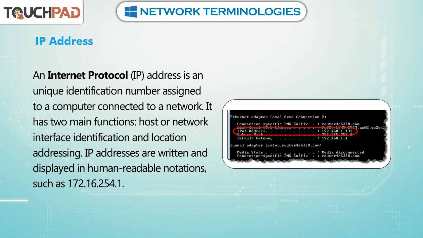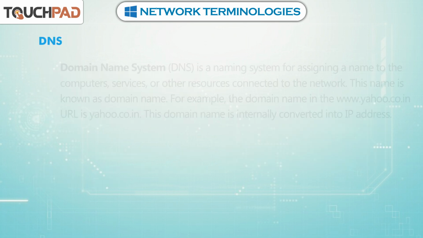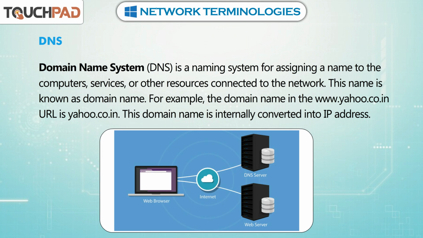An Internet Protocol IP address is a unique identification number assigned to a computer connected to a network. It has two main functions: host or network interface identification and location addressing. IP addresses are written and displayed in human-readable notations such as 172.16.254.1.